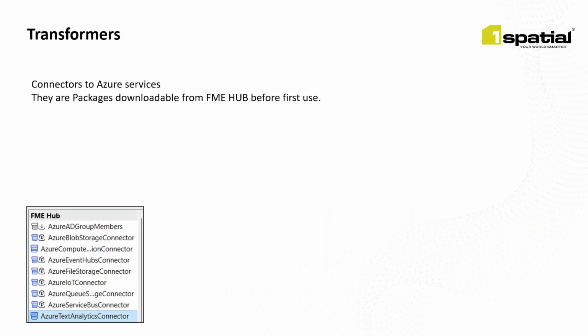So what I'd like to talk more about is the transformers. FME comes with a few Azure related transformers. They are interfaces to Azure APIs and services. They are not part of the installation. They are packages which are downloaded from the FME Hub at the first use.